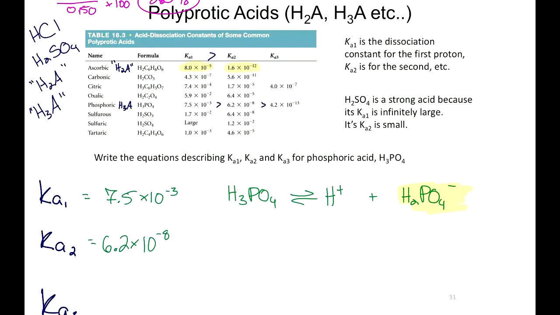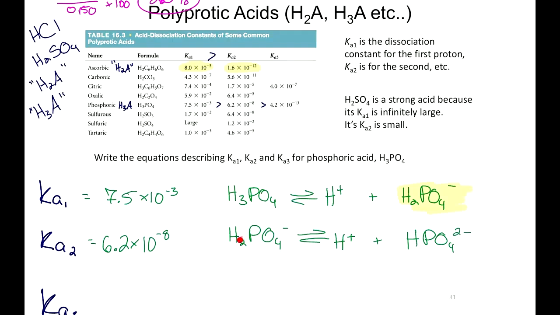So we have to take off the first proton first. Our reactant here is H2PO4 minus. This thing can still act as an acid. So let's pop off an H plus. What's left over now? How many H's? Just one. And then PO4, what's the charge? 2 minus.